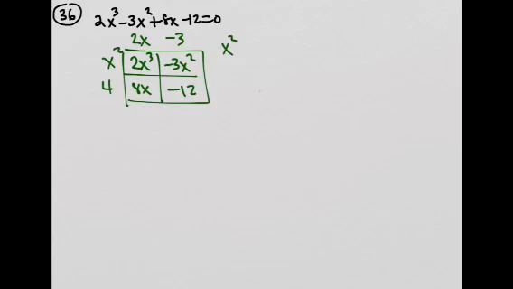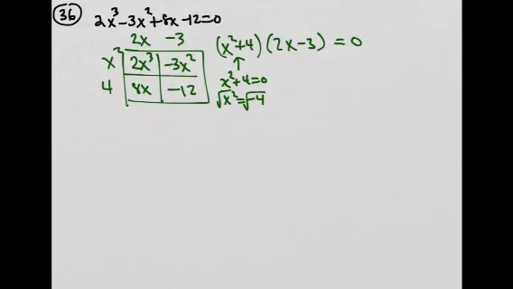So I get x squared plus 4, times 2x minus 3. Okay, so you set this equal to 0, and you get x squared plus 4 is 0, x squared equals negative 4. Take the square root, so x is plus or minus 2i. And then from this one, x is 3 over 2. So those are your 3 zeros right there.